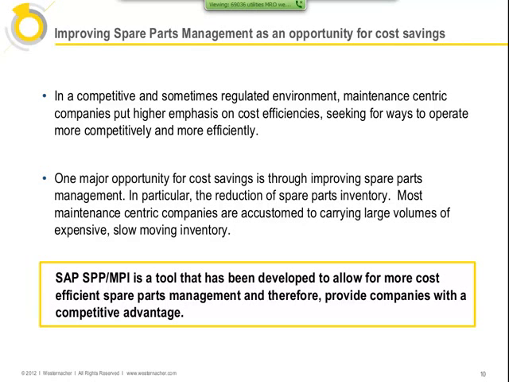The inefficient norm for utilities today is to carry large volumes of expensive and slow-moving inventory. Our MPI service, which leverages SAP ECC's plant maintenance and SAP SCM service parts management, has been developed to help utilities achieve more cost-efficient spare parts management and to help gain competitive advantage that directly translates into your company's bottom line.